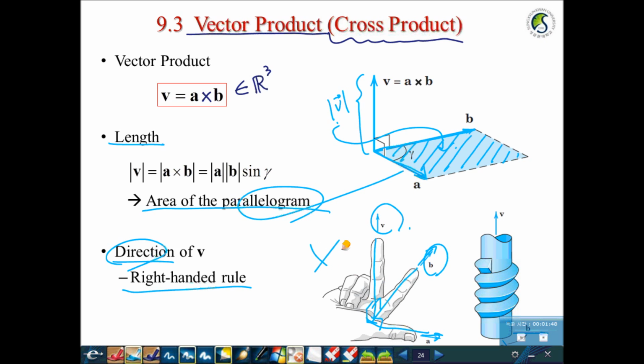If it's hard for you to memorize, you can use the screw rule. Right-hand screw: it's like from vector A to vector B, rotating that way, and the thumb is the direction of V.